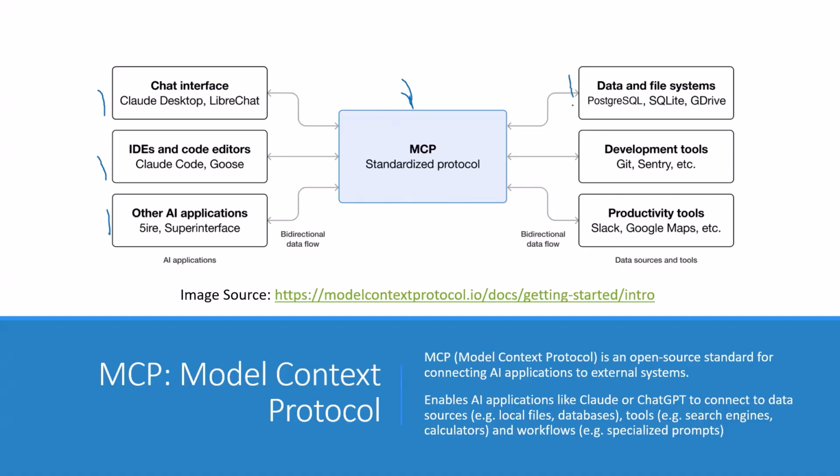So it could be real data, like in a database. There's an MCP server for Oracle database. There's MCP servers for Google Drive, for files, for Git. There's thousands of MCP servers. So for Salesforce, for example, there is one, but there was no MCP server for Siebel until now.